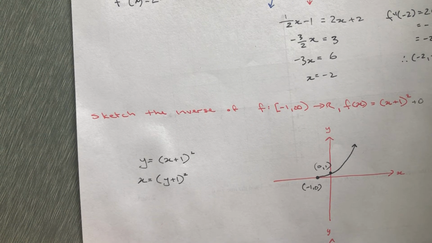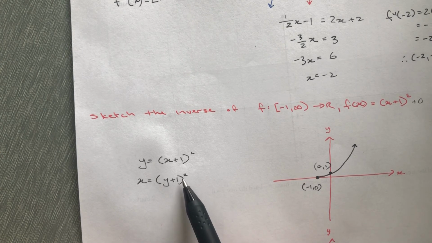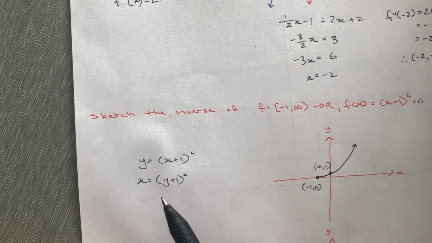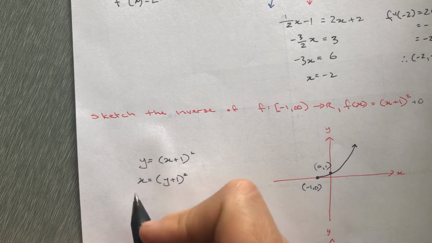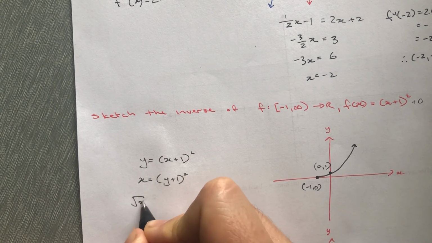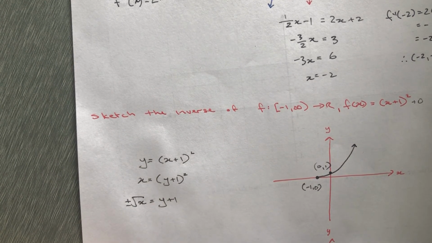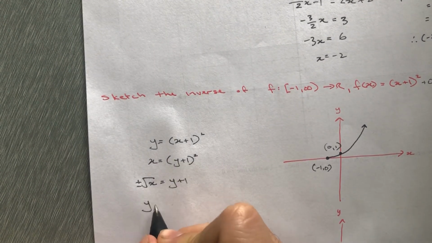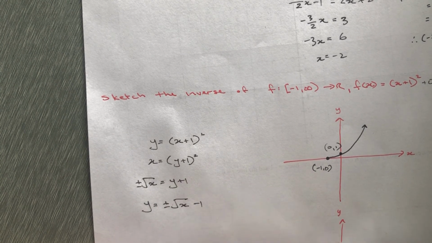Now we need to get y by itself. So to get rid of this squared, we need to do a square root. And remember, whenever you put in a square root, you need the positive and the negative answer. I'll talk about that a little bit later as well. There we go. So that's going to give us y equals plus minus square root of x minus 1.